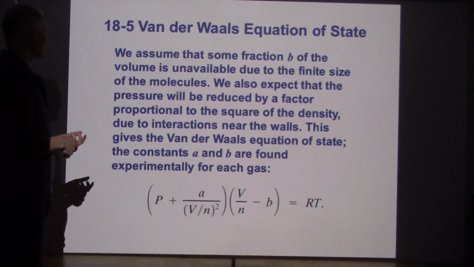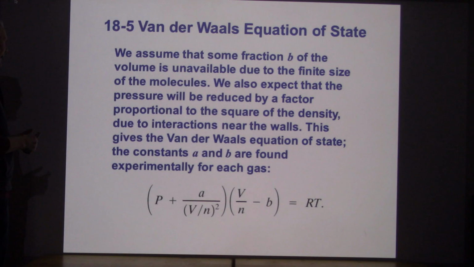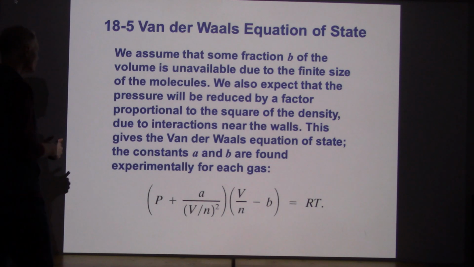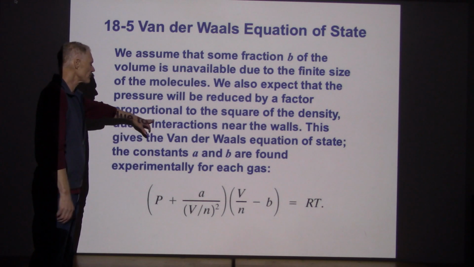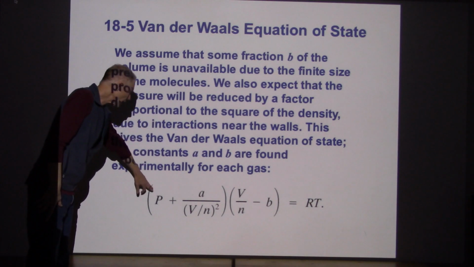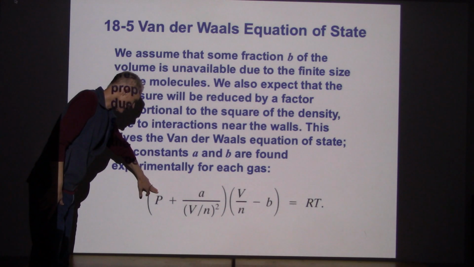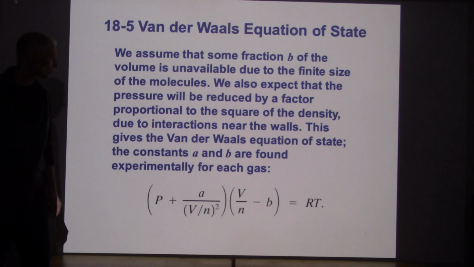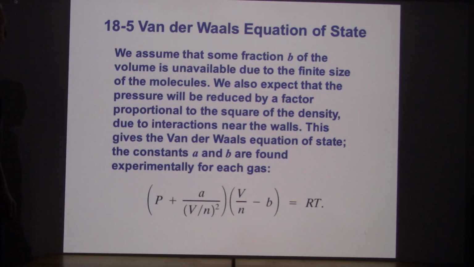We also end up with a surface effect, a wall effect, that applies to the pressure. Because of the finite size of the molecules, the pressure we measure is not quite the pressure we would have if the gas molecules were just little point objects.